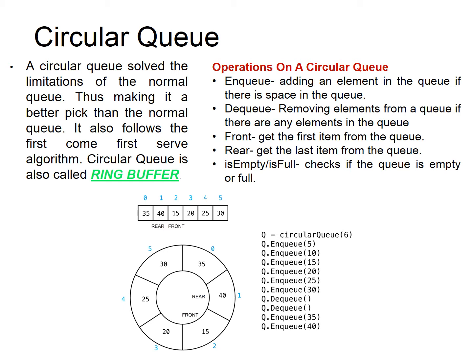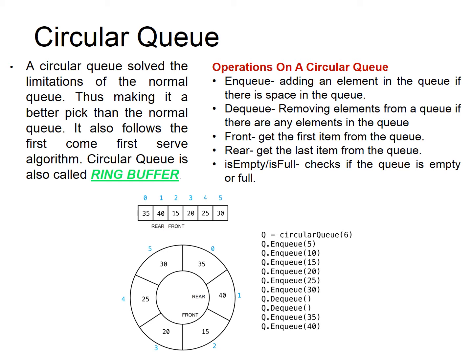So what are the limitations in the queue which will be normalized using a circular queue? It follows the same property, first come first serve, that is FIFO, but it is called a ring buffer. Why it is called a ring buffer is that it checks again whether there is space in the queue. Let us assume I have inserted 5 elements, then performed 2 deletions.